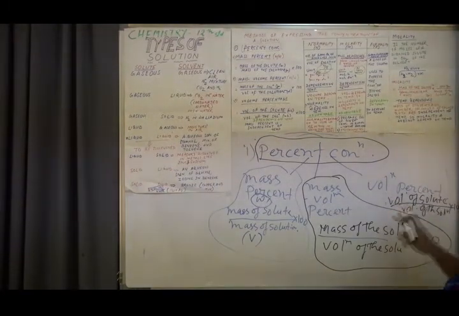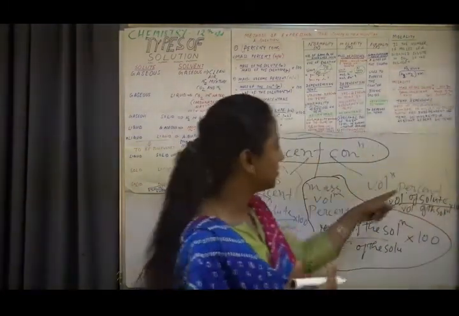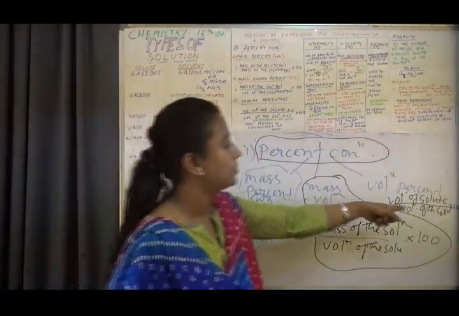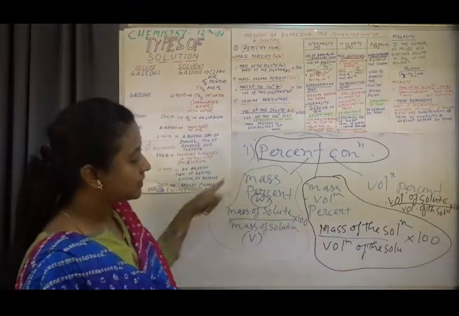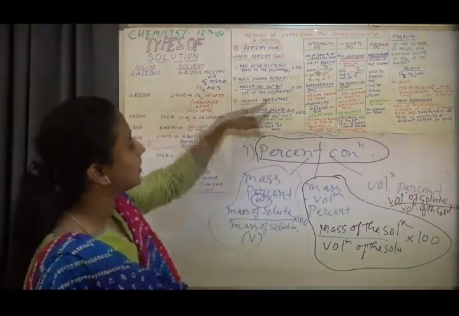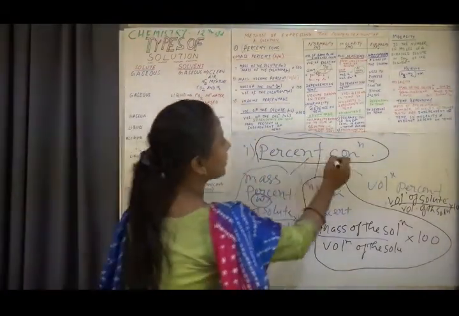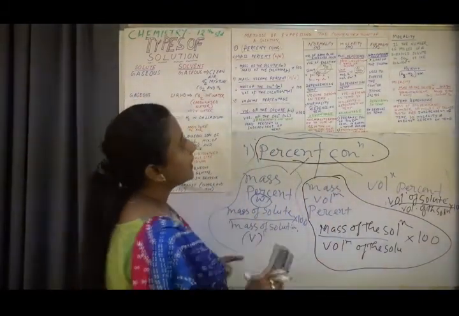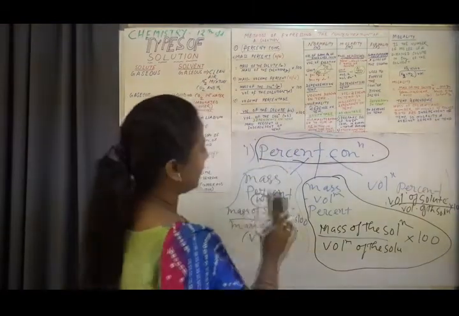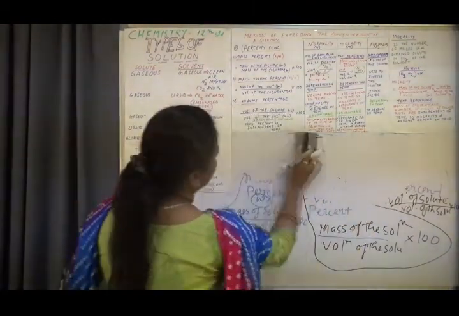So here two volumes are taken. Volume of the solute divided by the volume of the solution into 100. So these are the three parts which are covered under percent concentration. I hope all of you are writing. Then coming to the most important thing, which is the normality.